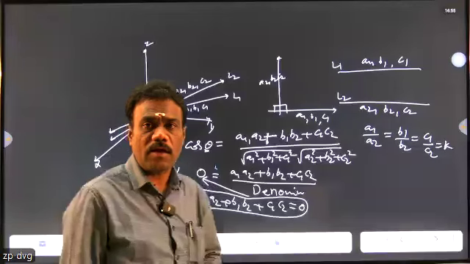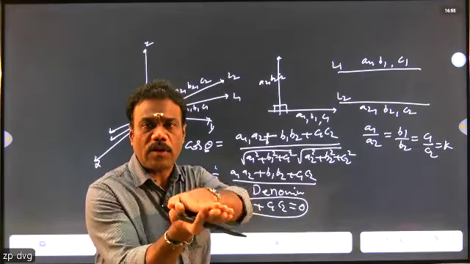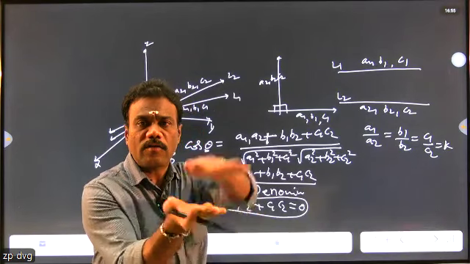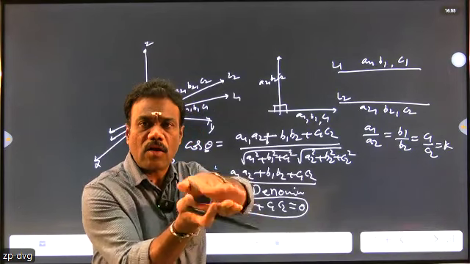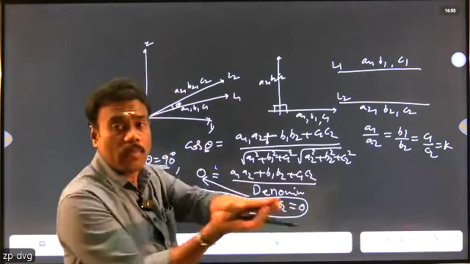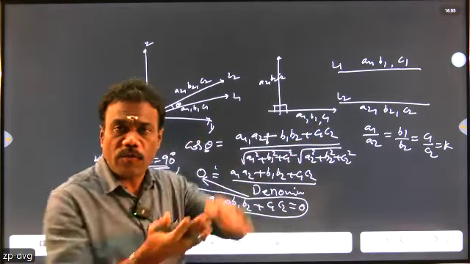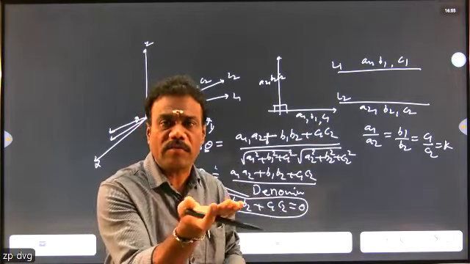Similarly, we can say if two lines are collinear, so one line lies on the same line, then also those are proportional. Suppose one line has direction ratios A1, B1, C1.